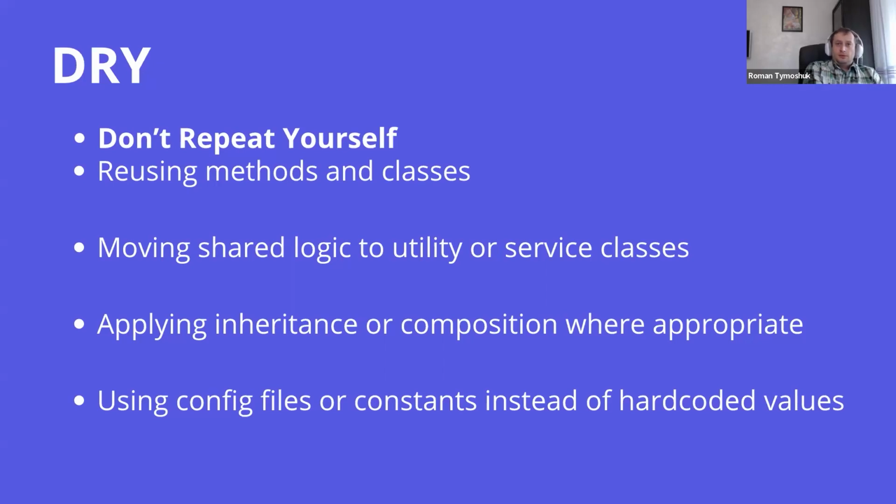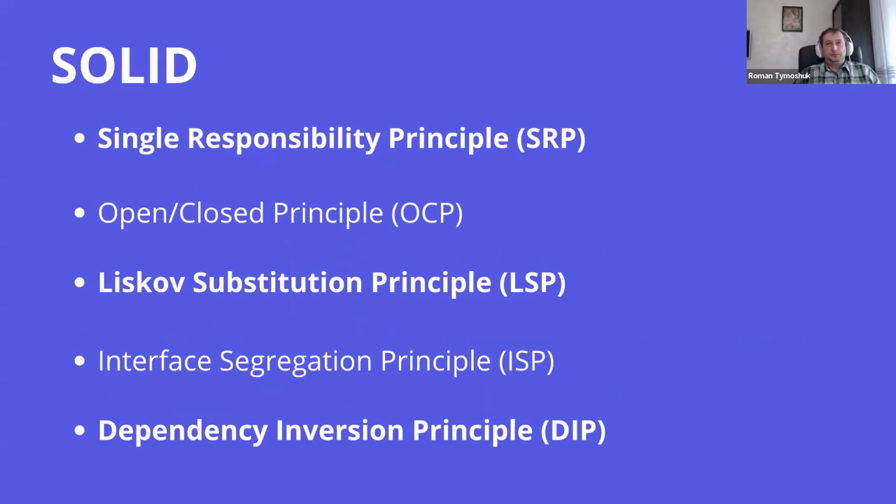I think it's clear. And the SOLID. SOLID has multiple principles like single responsibility, open-closed, Liskov substitution, interface segregation, and dependency inversion principles. Well, covering all of them will take a lot of time, but we will try to revise at least single responsibility and dependency inversion on the example of the app.